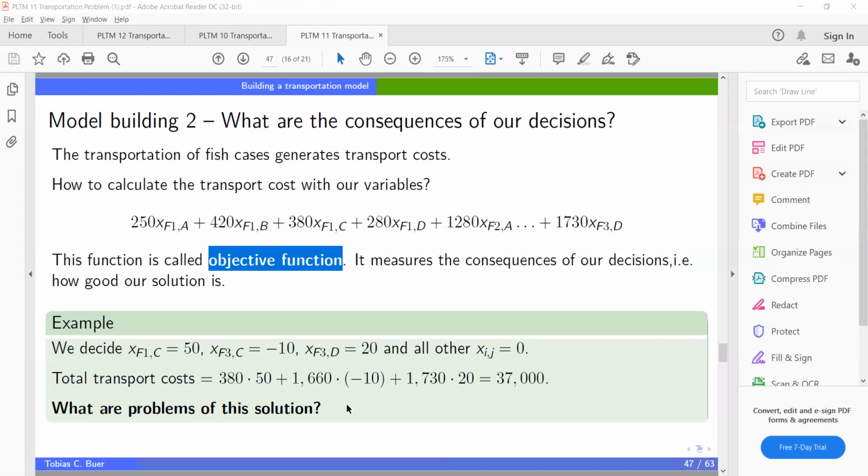Any idea what's not fine with this solution? Look at the example data, look at the transport costs, at the total transport costs.